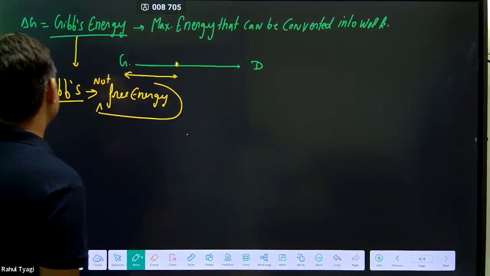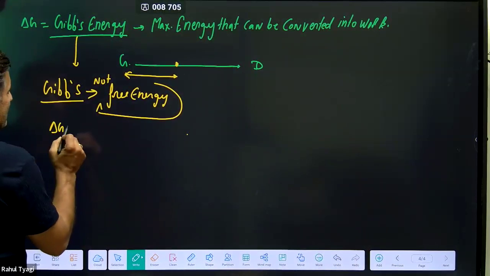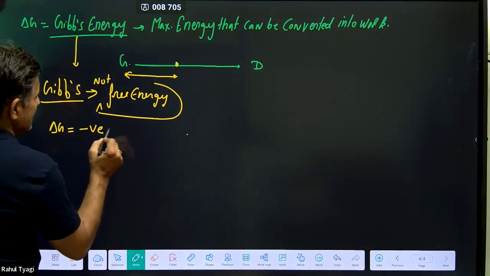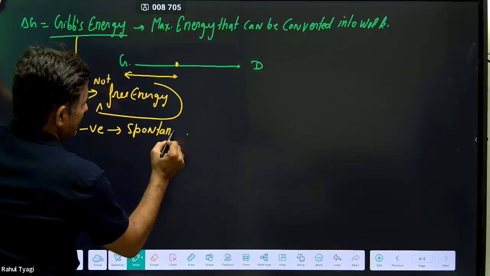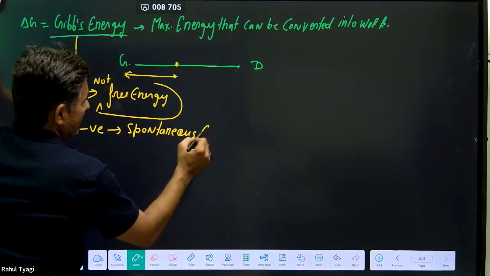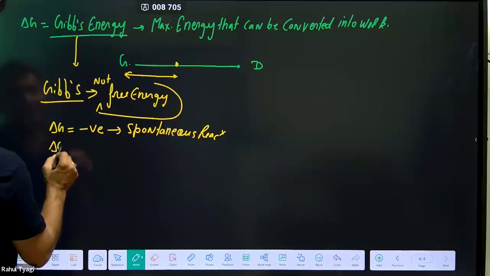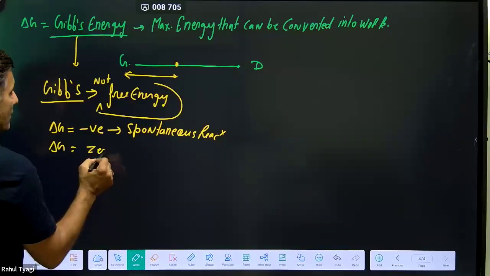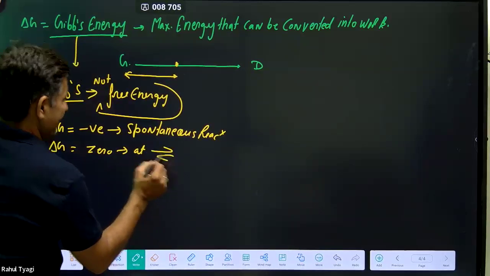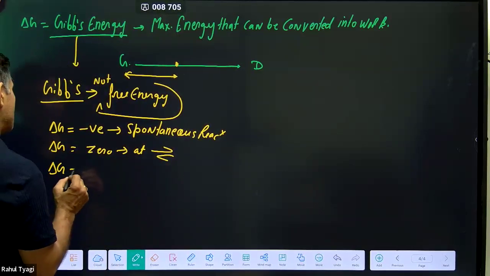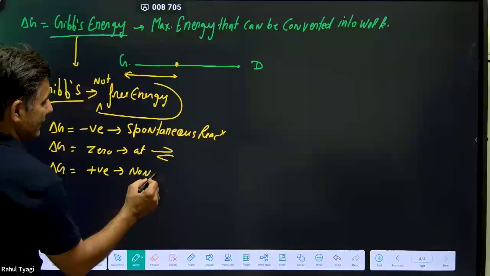One more thing: Gibbs energy delta G is negative for a spontaneous reaction. Delta G is equal to 0 at equilibrium. Delta G is positive for a non-spontaneous reaction.